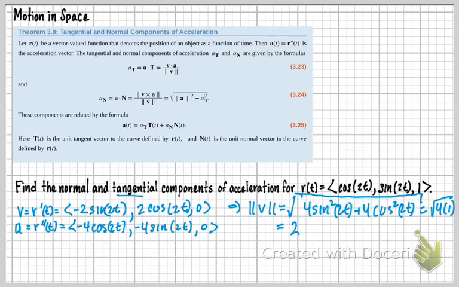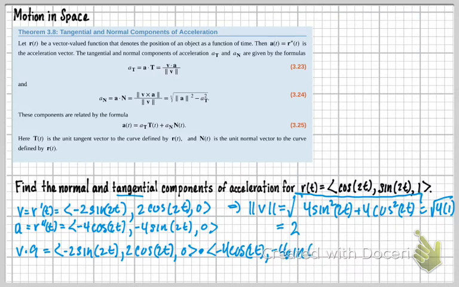So now let's take a look at the dot product then. So now we need v dot a. So when I look at that, I'm just going to write those vectors here. 2 sine of 2t, comma, 2 cosine of 2t, comma, 0, dotted, and then I have negative 4 cosine 2t, comma, negative 4 sine 2t, and then comma, 0.